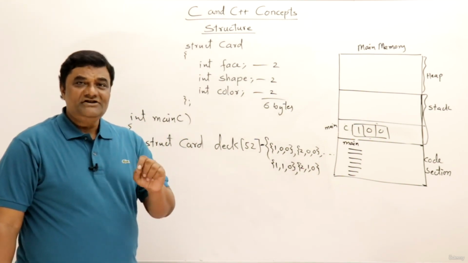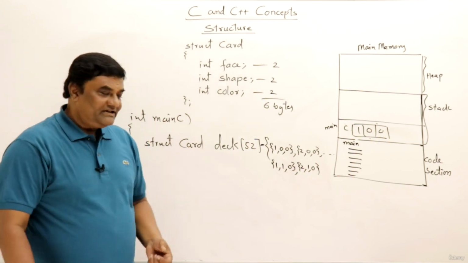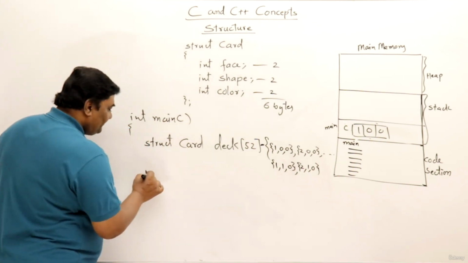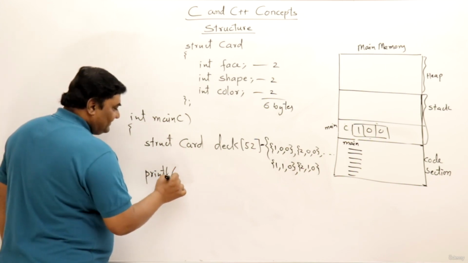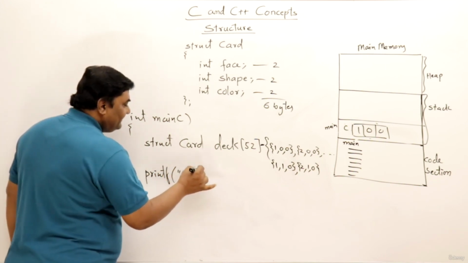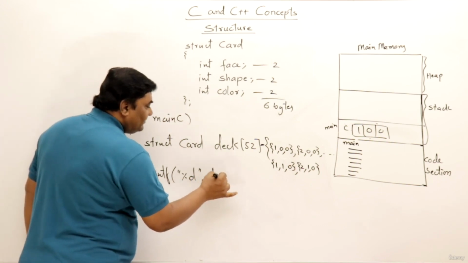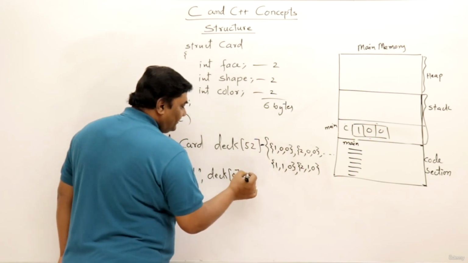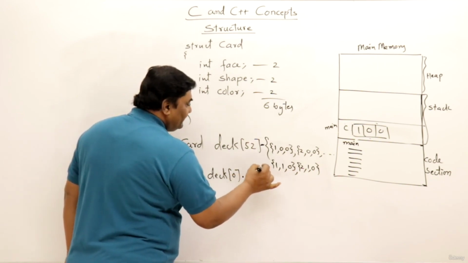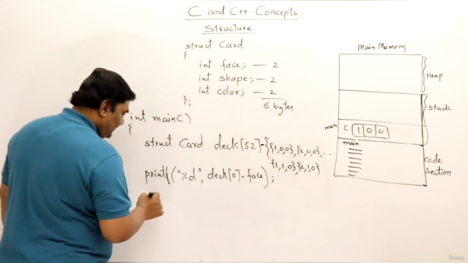If I want to access them individually, like the first card I want to display, then I can use dot operator. So let us print just the face value of the first card. Printf %d deck of 0, that is this card, dot face. So it will show the face of this first card.